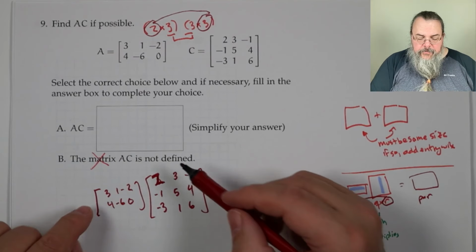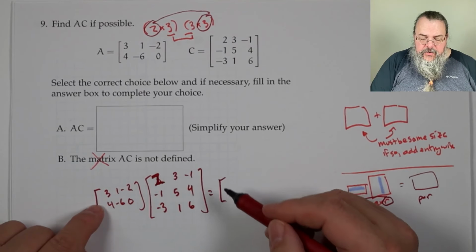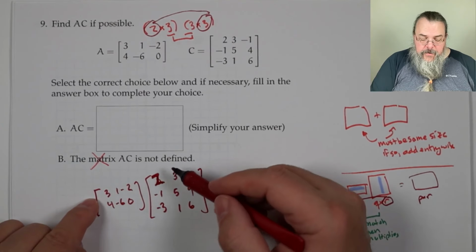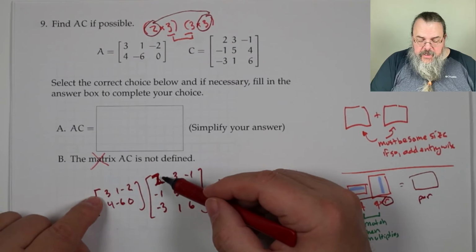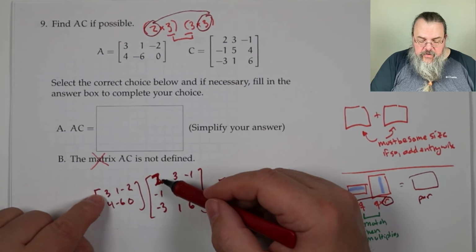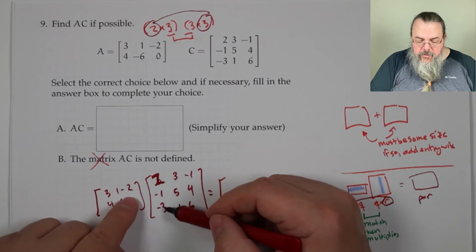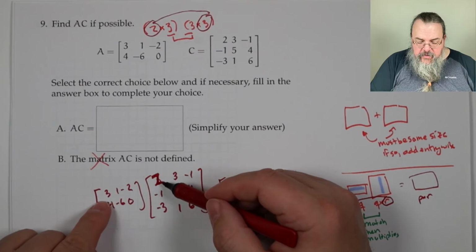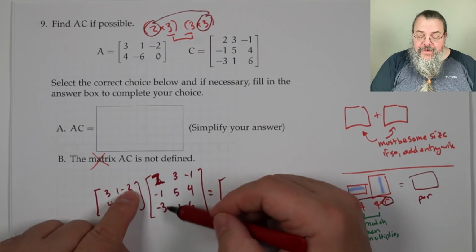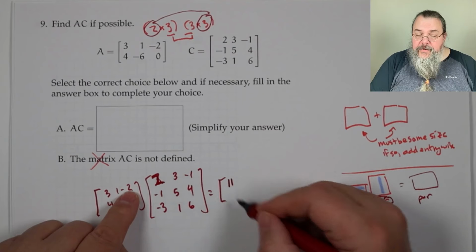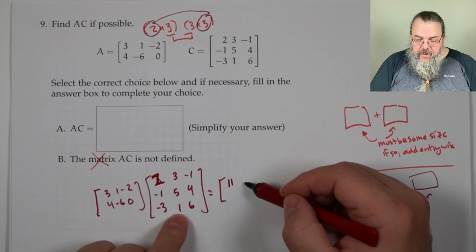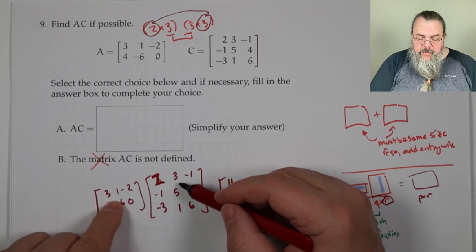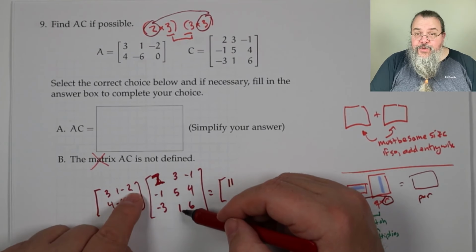Okay, so if I want the entry in the first row, first column, you multiply and then add: 6 minus 1 plus 6, right? 6 minus 1 plus 6, 11. Okay, first row, second column. 9 plus 5 minus 2.